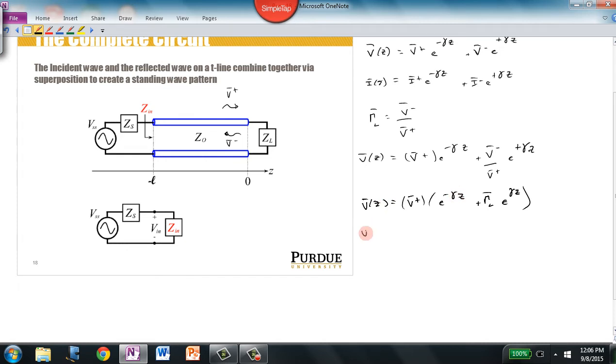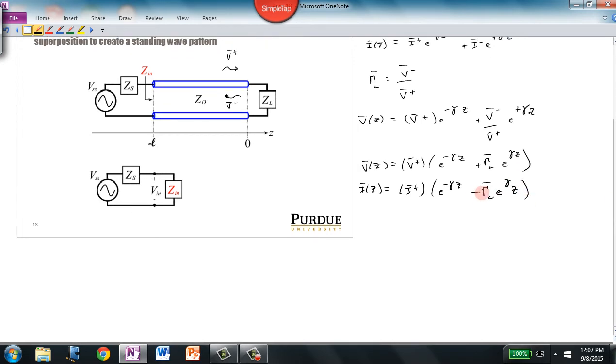It's I of z, clearly not V, is equal to I bar plus e to the minus gamma z minus the reflection coefficient at the load, e to the gamma z. And this just takes into account the fact that the voltage reflection coefficient and the current reflection coefficient are opposite one another. So we've got those two that kind of came from the same place.